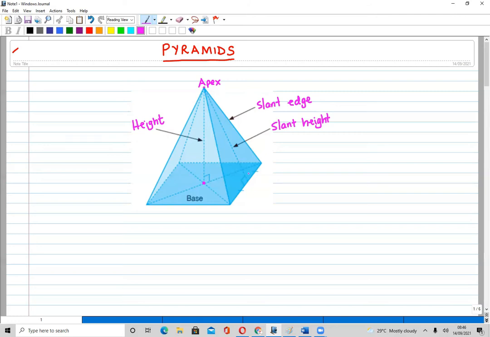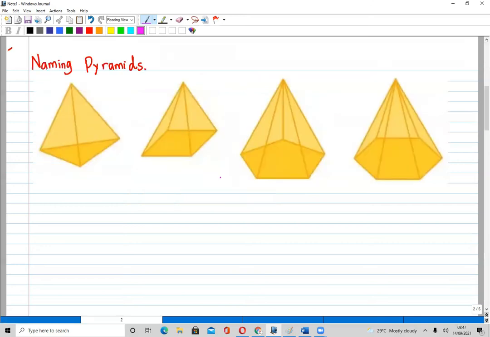Okay, I believe you have to get the difference between the two, height and the slant height, because as we move ahead to find the volume and the surface area, we need to use these two heights. So don't get confused.